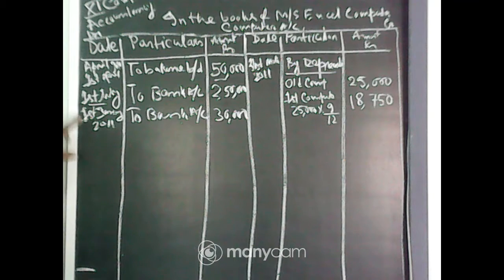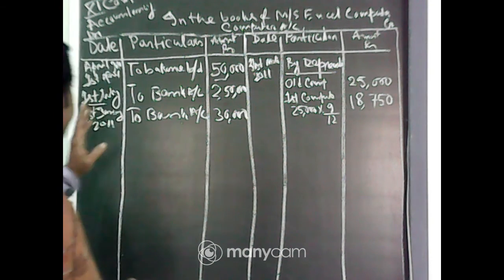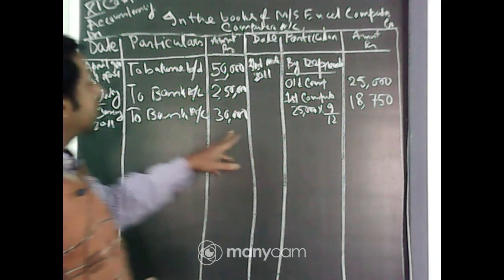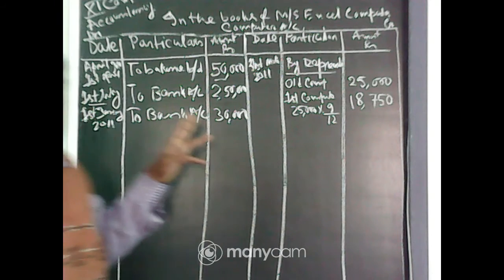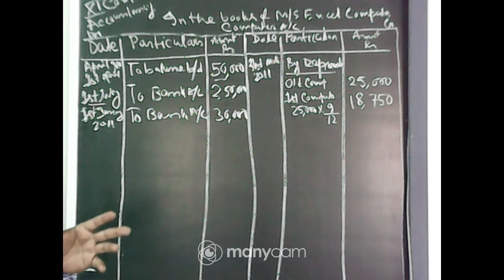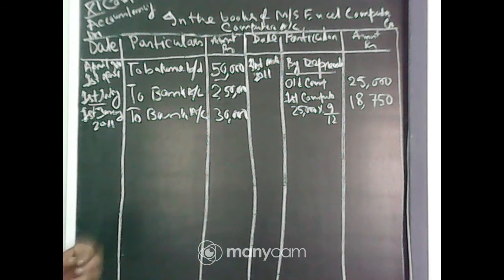Okay. Now, there is another machinery. That is purchased on 1st January 2011, this computer was actually purchased, whose original cost is 30,000. So, upon 30,000 original cost, what is the depreciation rate? That is 10%. So, 3,000 depreciation comes for the whole year, but it was actually purchased in January.